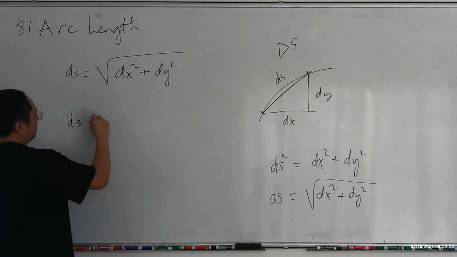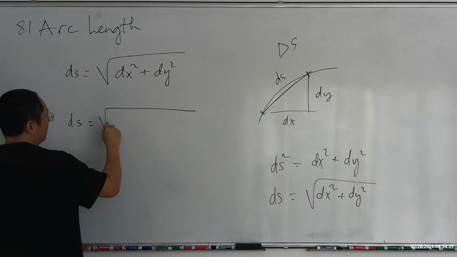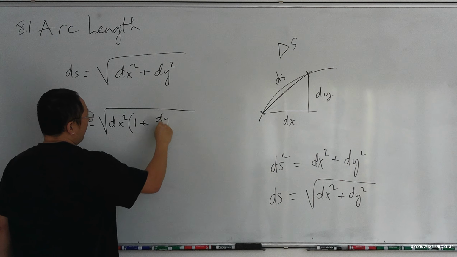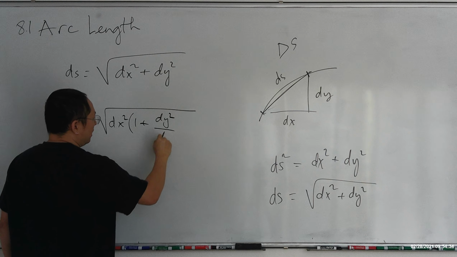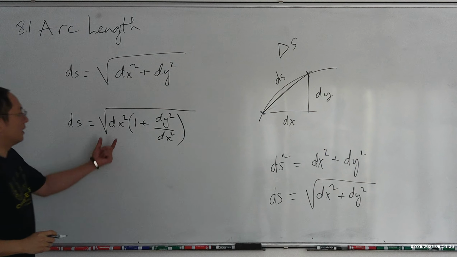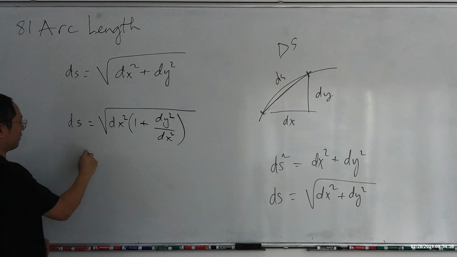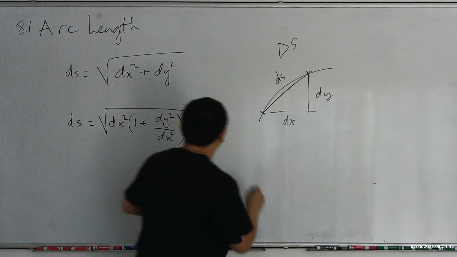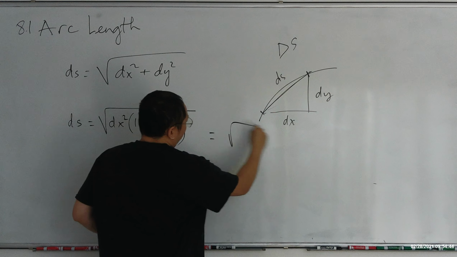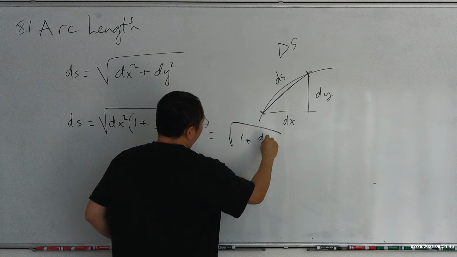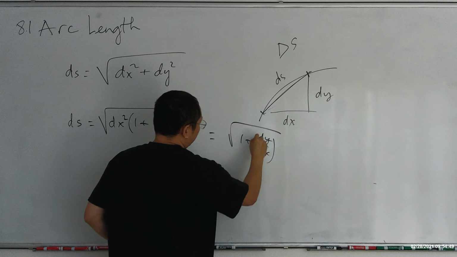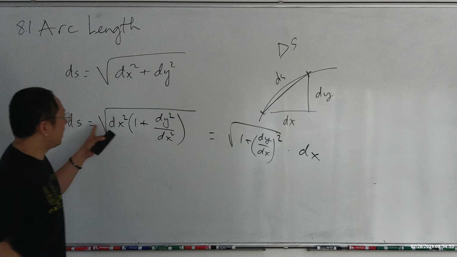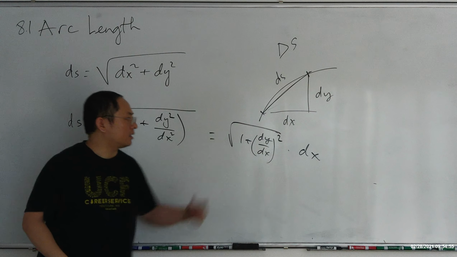ds is equal to the square root of dx squared, factor it out, 1 plus dy squared over dx squared. I just simply factor dx squared out, so I can rewrite it as the square root of 1 plus (dy over dx) squared, times dx outside, because dx squared inside the radical is just dx outside.